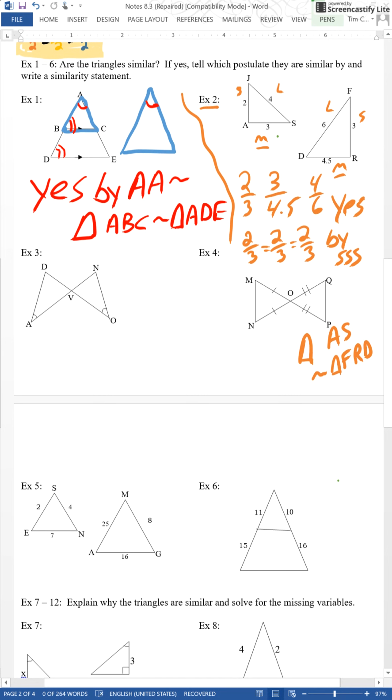Okay, example 4 I'm not going to do on the video. I'll take a look at example 3. So if I look at this, I know that this angle right here, these are vertical angles, those are congruent. So I'm going to say yes by angle similarity.